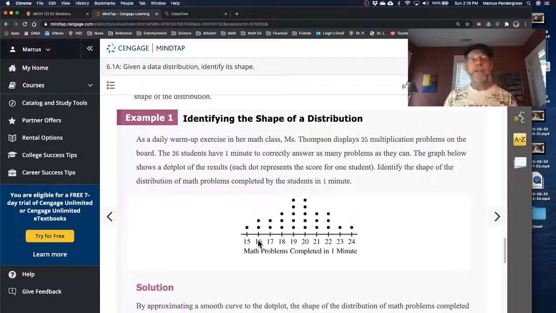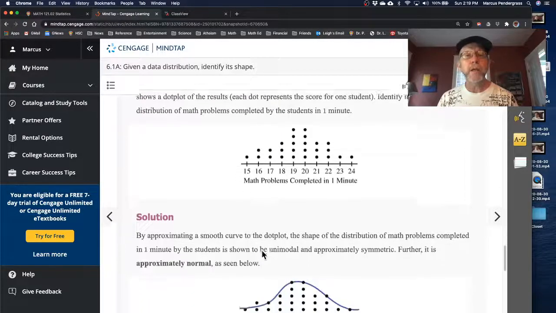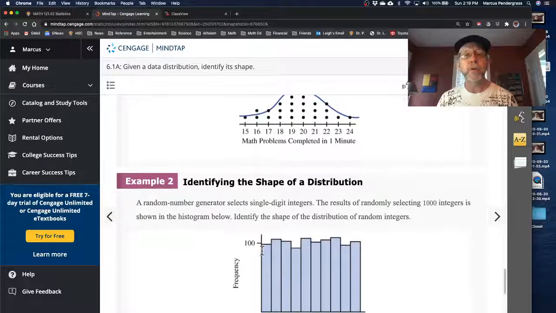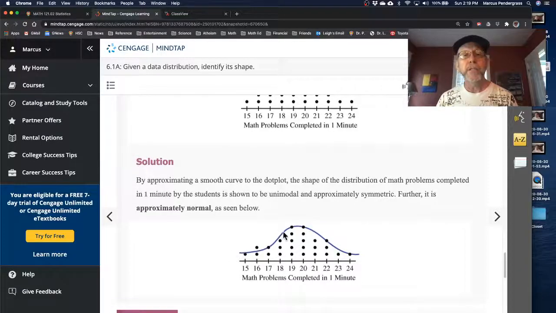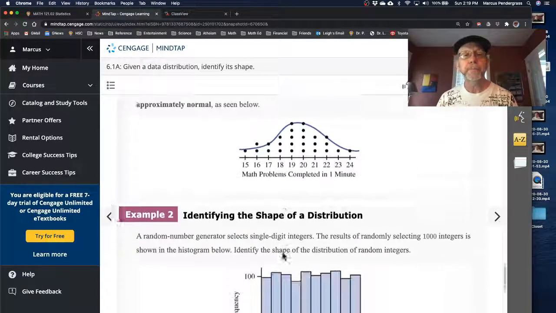Here is an example given in terms of a dot plot of the number of math problems that some school children were able to complete in 1 minute. So you would describe the shape of this distribution as roughly symmetric and unimodal. And there you see a density curve that roughly approximates that shape.